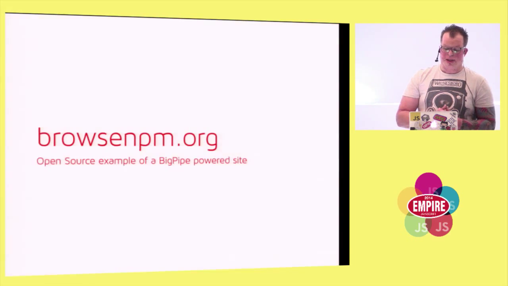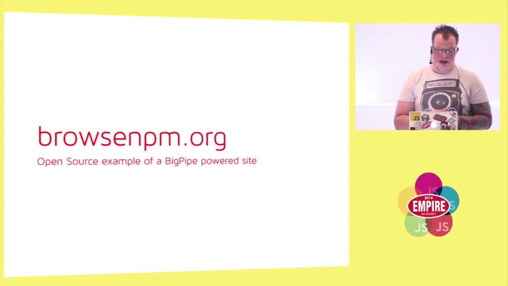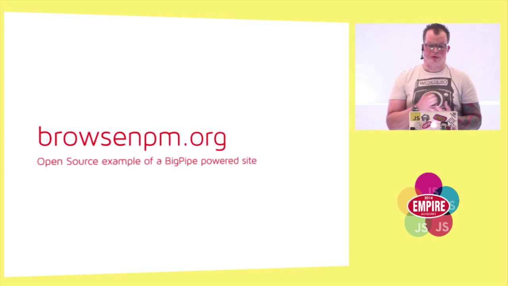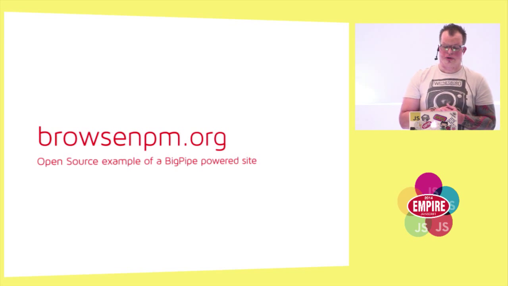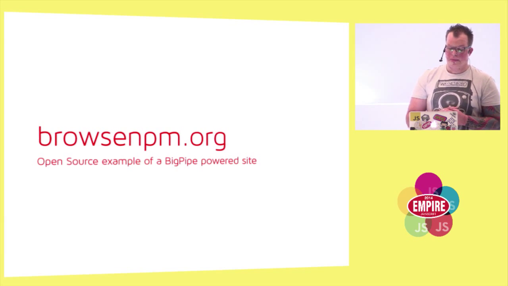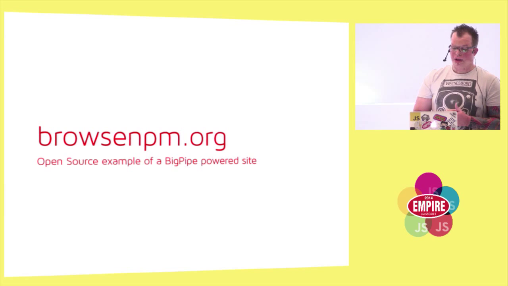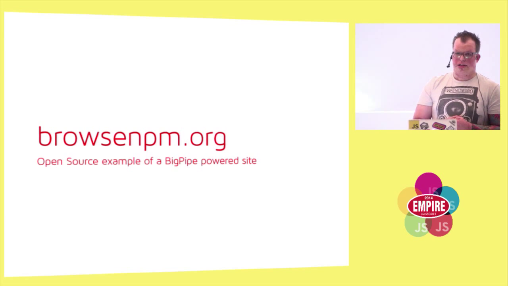One of the things that we've been doing over at Nodejitsu is building applications using BigPipe, and we found that it's really cool to be able to build these reusable components, and our private NPM is built on top of BigPipe. We heard a lot of feedback from the community that they liked our private packages page.